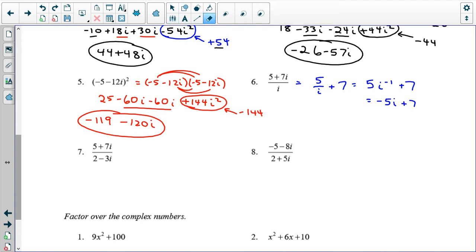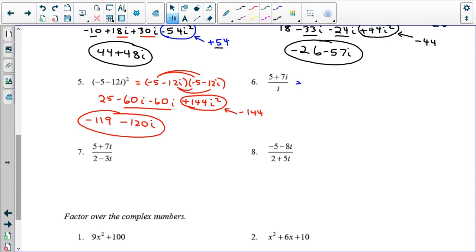But that's not the easiest way to do this based on where we're at as understanders of what's happening. So what I'm going to do is multiply the top and bottom of this by i. Once again, this is something that we talked about earlier.